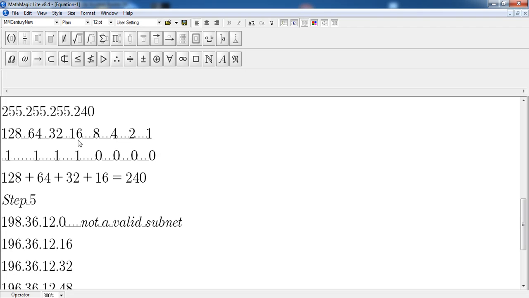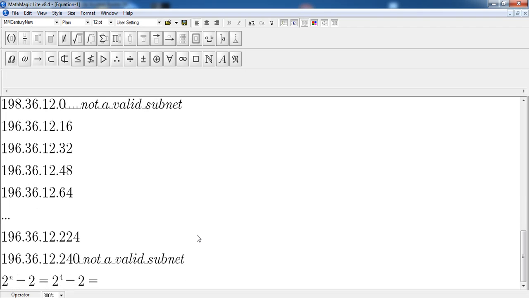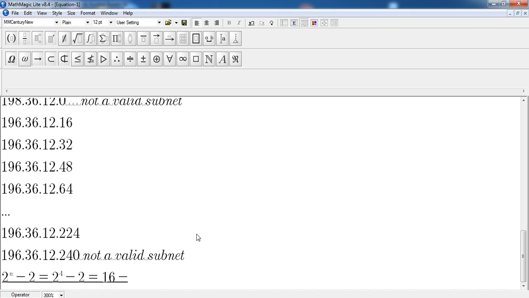Okay? So we have 16 minus 2, so the maximum would be 14. So that means we still have 2 extra subnets that we may use as a subnetwork.